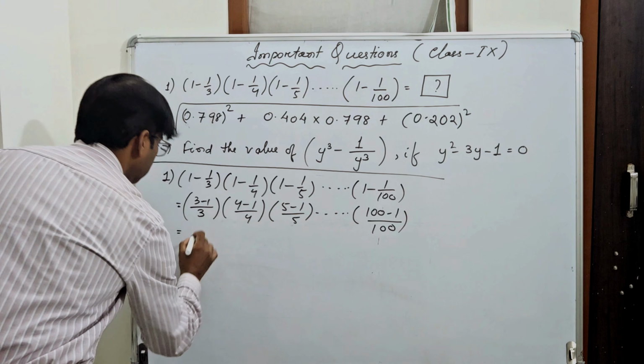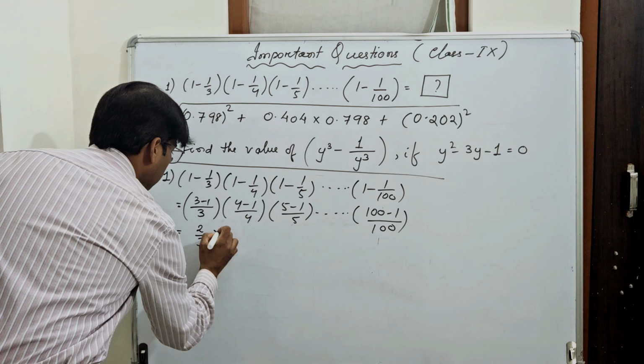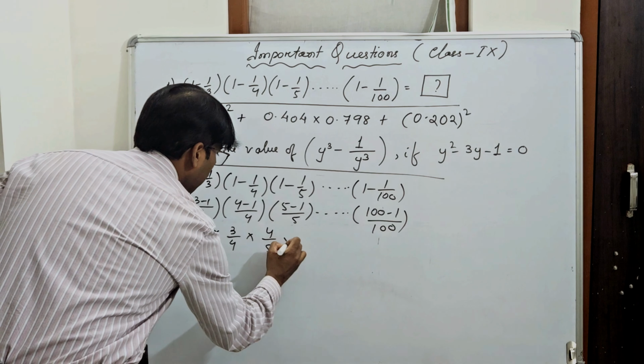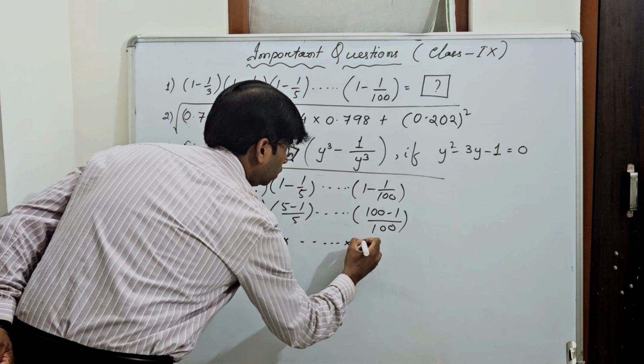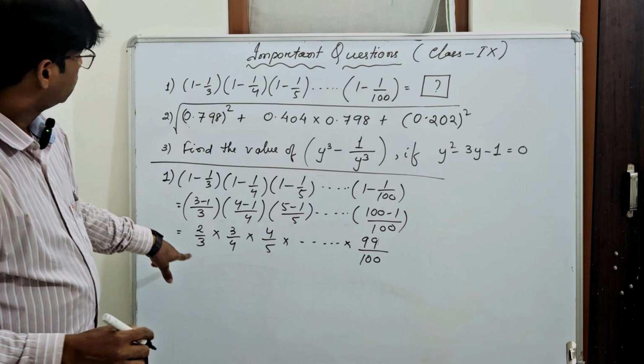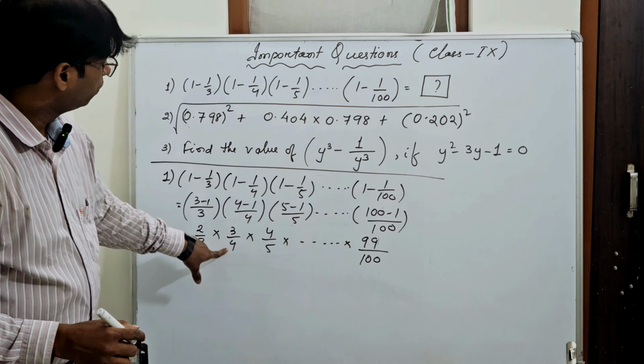So it is equal to 2 by 3 into 3 by 4 into 4 by 5 into and so on up to 99 by 100.